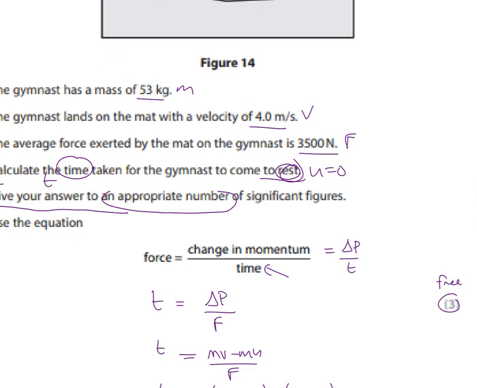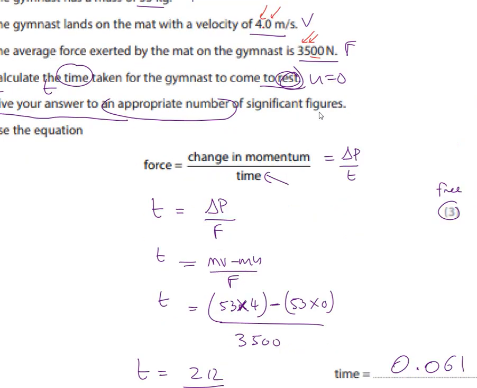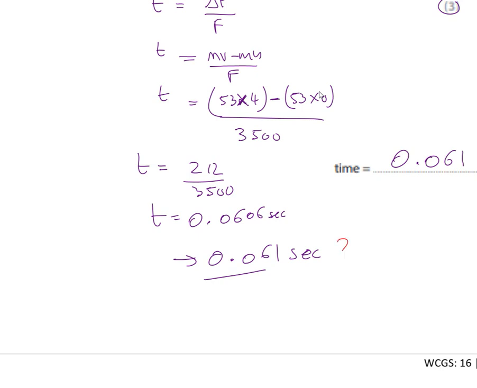How many figures do we have? We have 1, 2. Here, how many figures do we have? We have 1, and look, they've added the 0. That's the second figure. Here, how many figures do we have? We have 1 and we have 2. These are just zeros. We don't count the zeros here, but here we count the 0 because there's a dot and a 0. There are 2 figures. So therefore, my answer has to be in 2 figures.